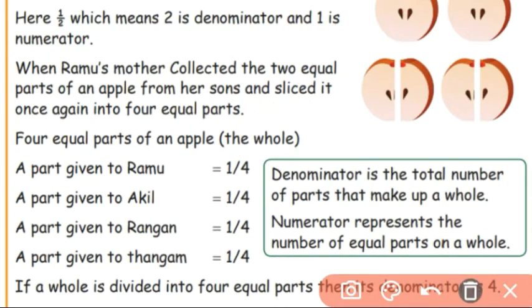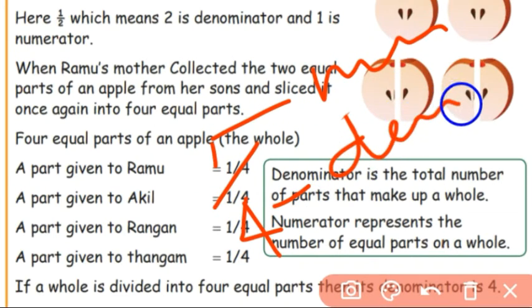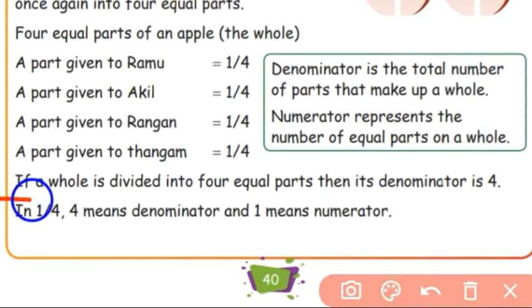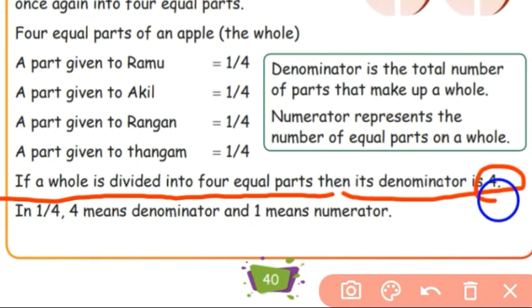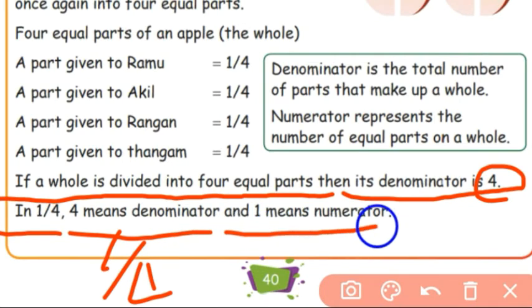The part given to Ramu is 1 by 4: 1 is the numerator, 4 is the denominator. If a whole is divided into 4 equal parts, then its denominator is 4.